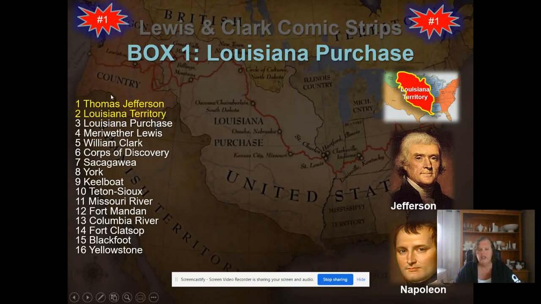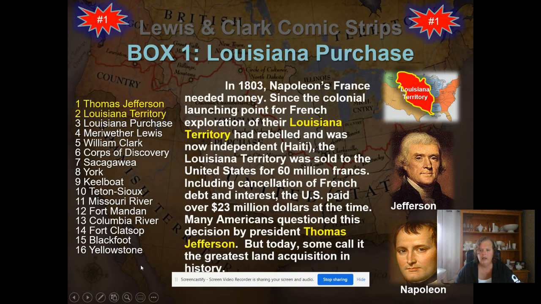And I know that the next slide also goes with square number 1, and you're going to end up with Louisiana Purchase. So I will put the information up here on the screen, and this is available to you, right? And so you can read this information and then put pictures and a couple, 3 sentences that summarize this information and then the information on the next slide.